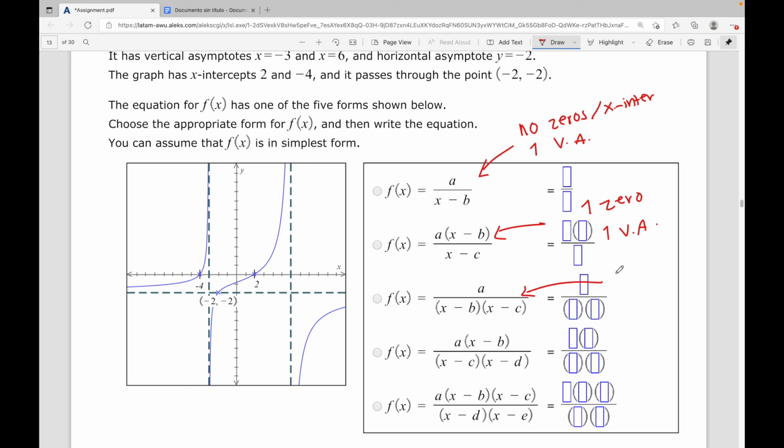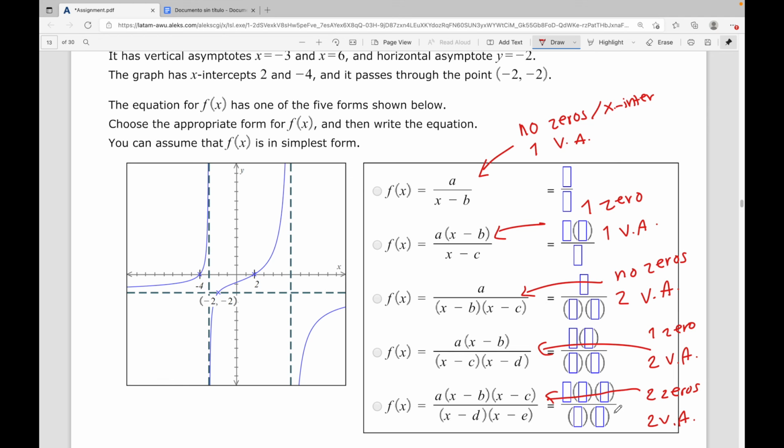This one is when we have no zeros and two vertical asymptotes. This one is when we have 1 zero and two vertical asymptotes. And this one, lastly, is when we have two zeros and two vertical asymptotes.